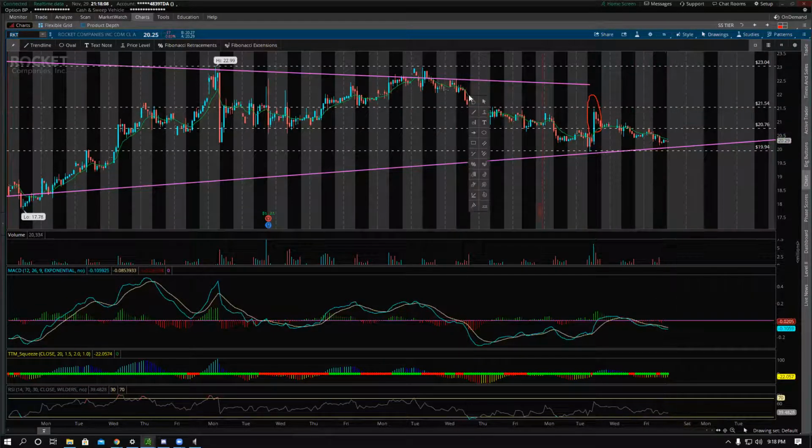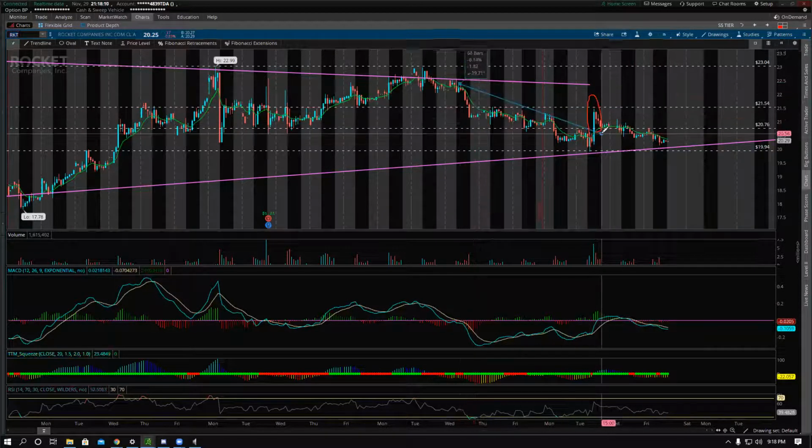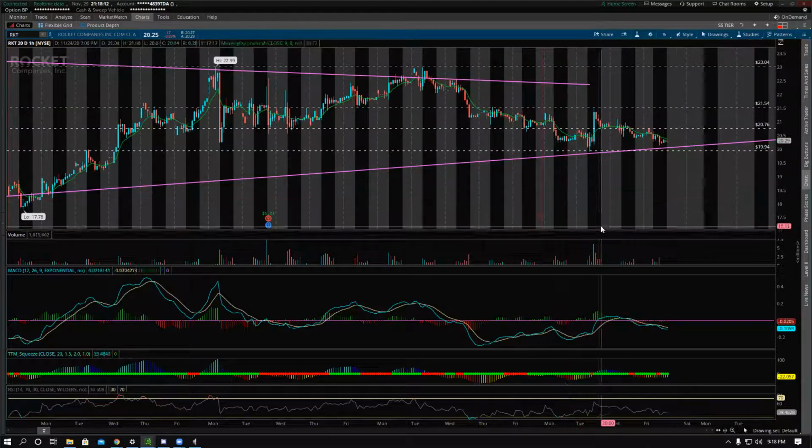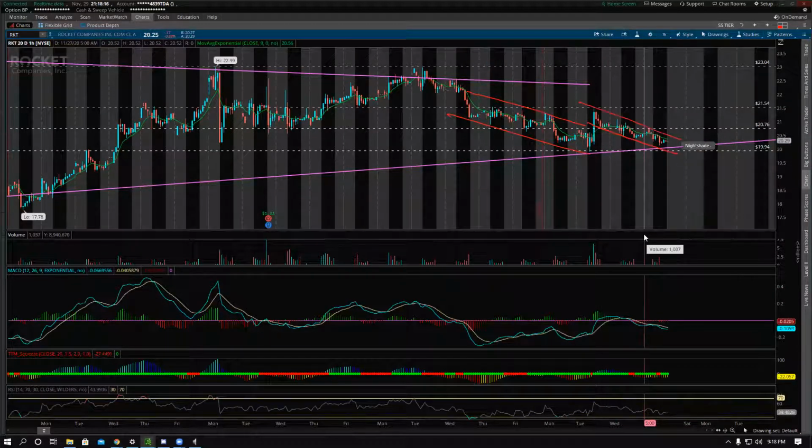I'm not sure. The MACD isn't really an uptrend. We have two different price channels going right now. But I see what you're saying. I'm more looking at this little wedge right here for us to break out to the upside. And once it does break out, we have to clear this level.